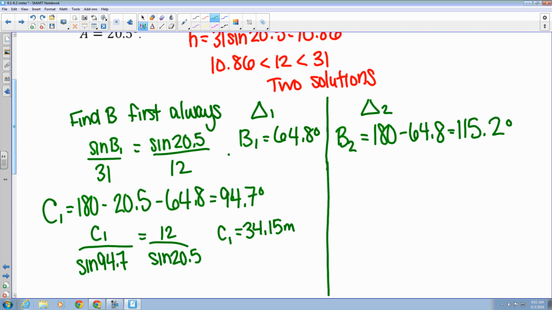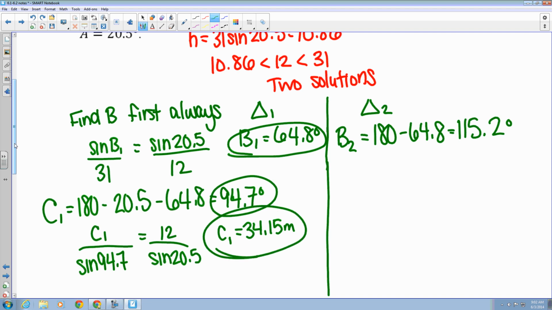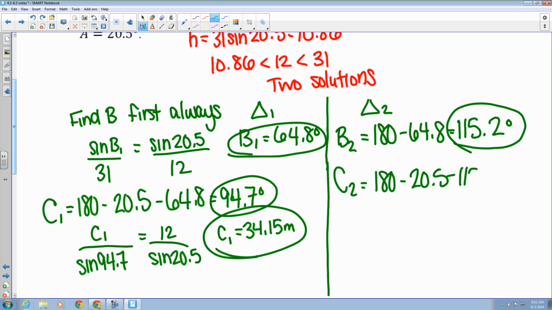Okay, so these are very independent of one another. Once you find that B2, you do not need to compare them anymore. Okay, I have B2, and then I'm going to find angle C2, 180 minus 20.5 minus 115.2 is 44.3.